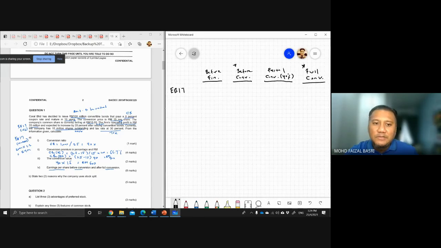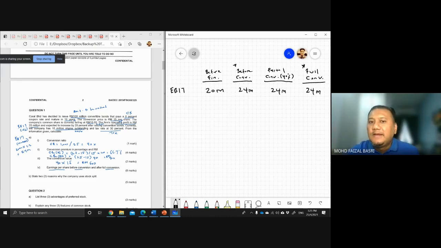The original one was 20 million, the current one, but you will expect it to increase 20% after issuance. So ni sebelum issue 20 million, tapi lepas di issue dia akan increase by 20%. So what we need to do is 20 million, 24 million, 24 million, 24 million. Okay, very straightforward.